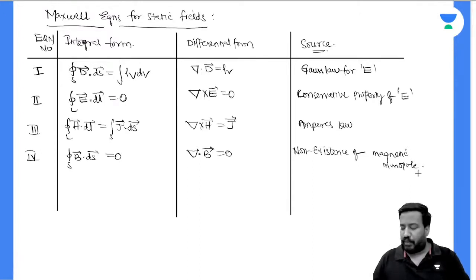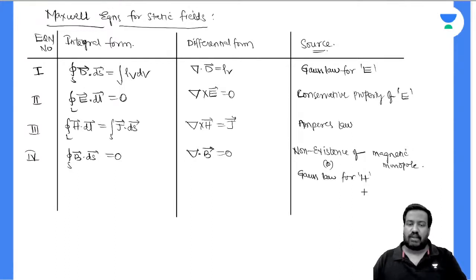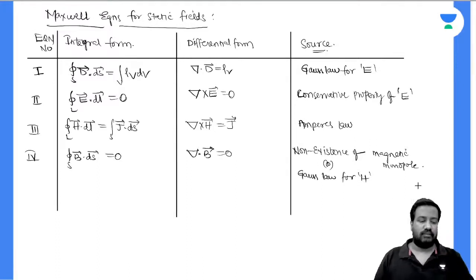A magnetic monopole does not exist. They always exist in pairs. It's also called Gauss law for magnetic fields. Any doubt here?